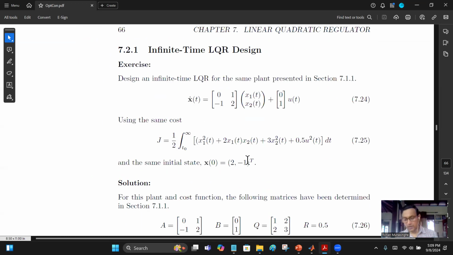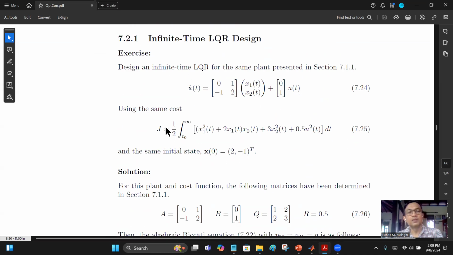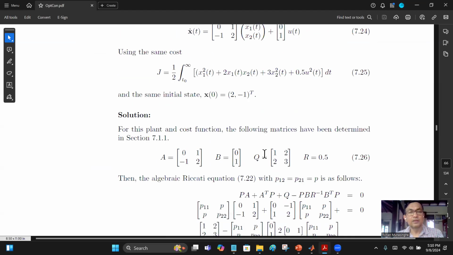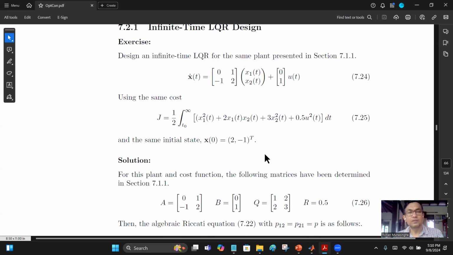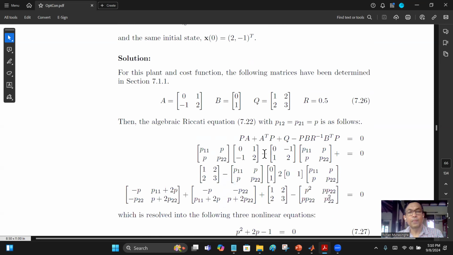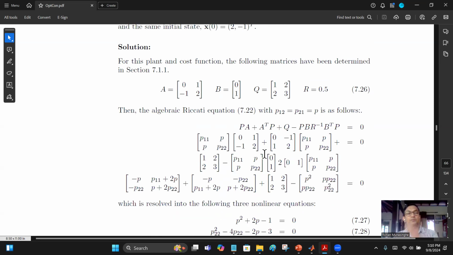You will understand, even though we say infinite time, whether we are actually going infinitely long. So this is our cost, the same cost as earlier, no change. Same initial state, no change. So this is a really comparable exercise. Let's look at the solution.